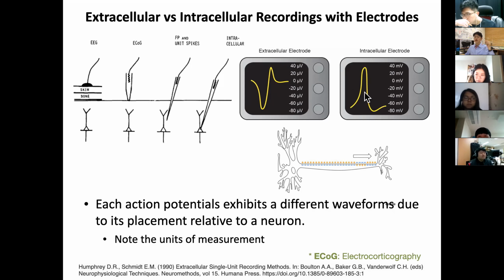You put the electrode inside the cell, and then you measure it. Baseline of, let's say, minus 65 millivolts, and it can go up to 30, 40, and then come back, with a refractory period, and return. That's what you know about intracellular recording.